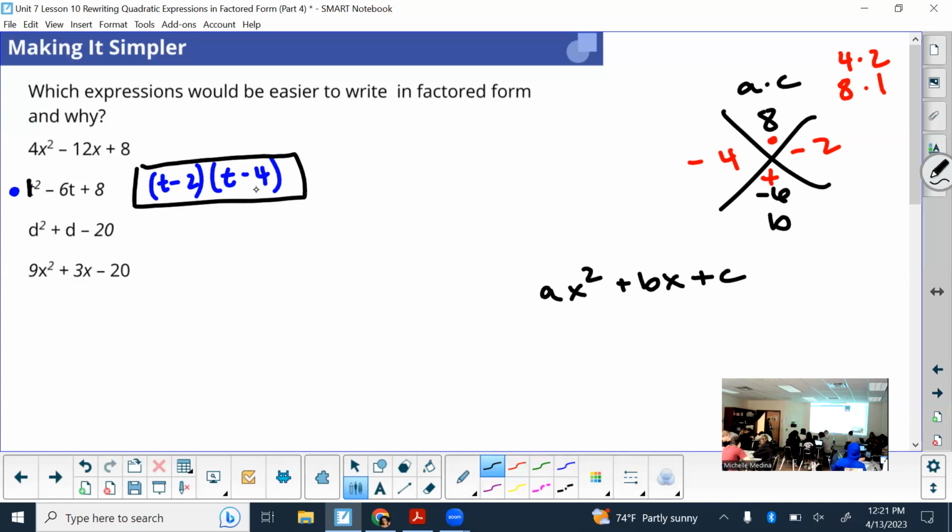Other than the hand. You don't have to tell me the answer, but this one you will get easier. The third one? And why do you think the third one would be easier?